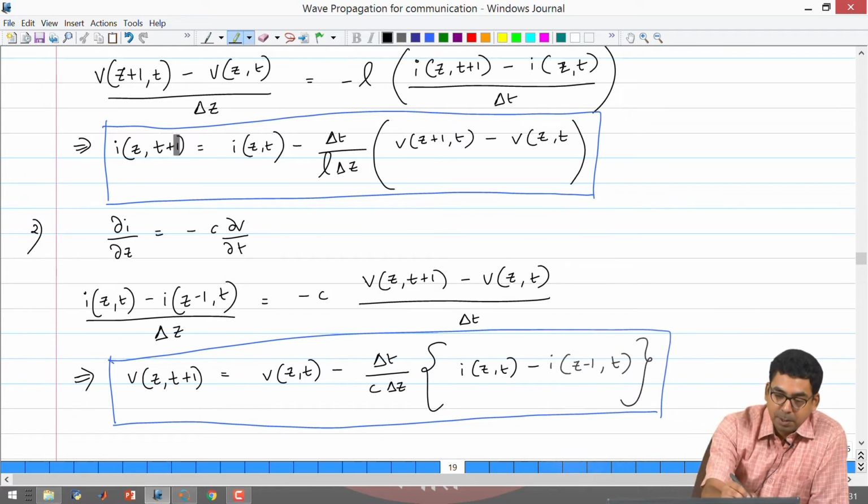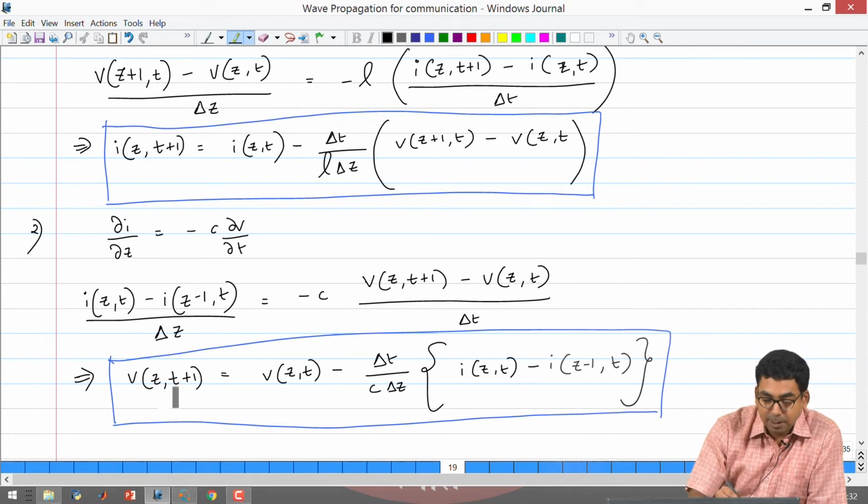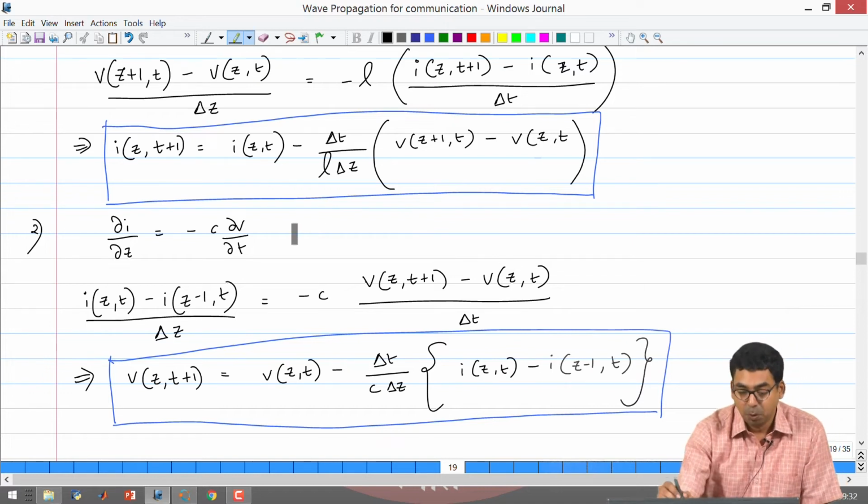So your t plus 1 quantity of current, once you have calculated it, becomes the present value of current that you are aware of. So this has to be used as the present value. Once you have calculated voltage of z comma t plus 1, you will have to go back and plug that in as the voltage at the current position and current time.